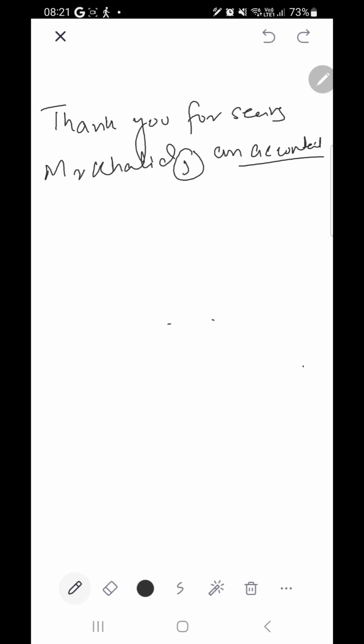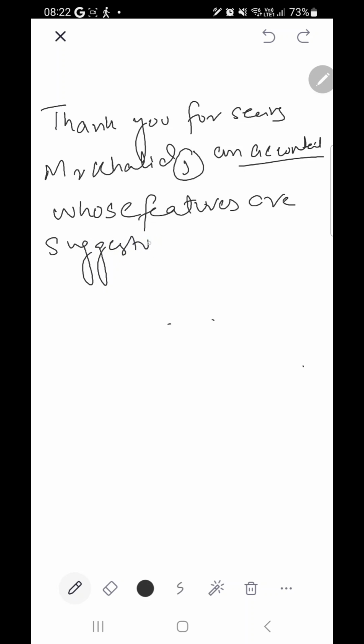If it's important to write accountant, thank you for seeing Mr. Khalid, an accountant, whose features are suggestive of diabetes mellitus.